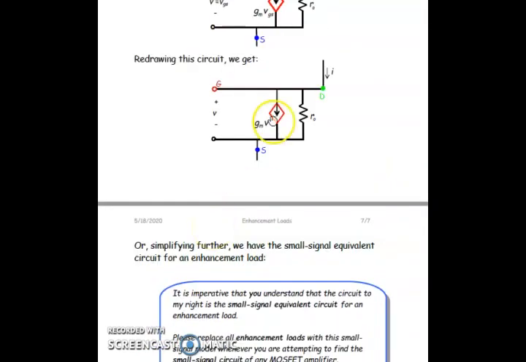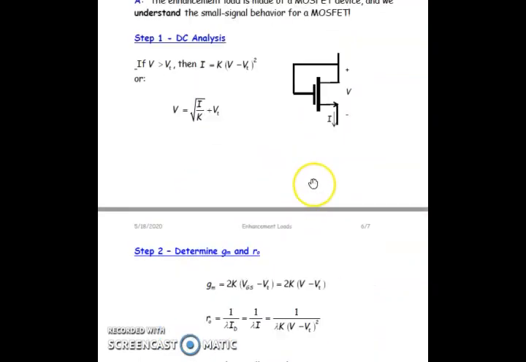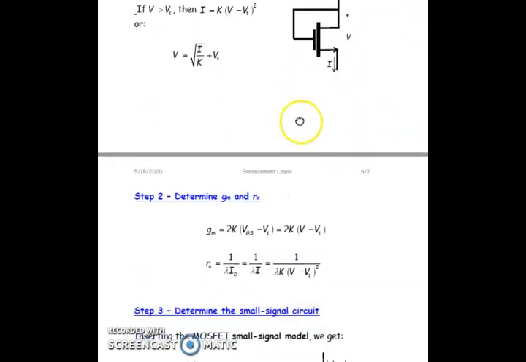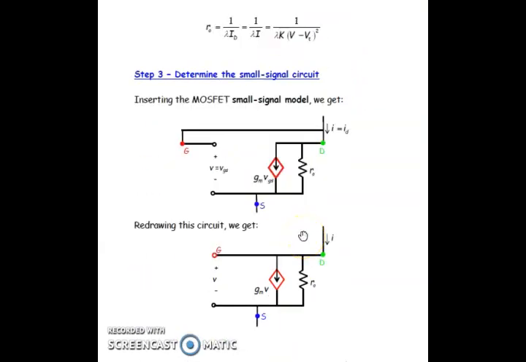Basically you can see over here that current is flowing from the drain terminal to the source terminal. Just look over here: the current is flowing from the drain to the source, and gate and drain are shorted. So the gate and drain, which were open in all the normal MOSFET cases earlier, are now shorted.